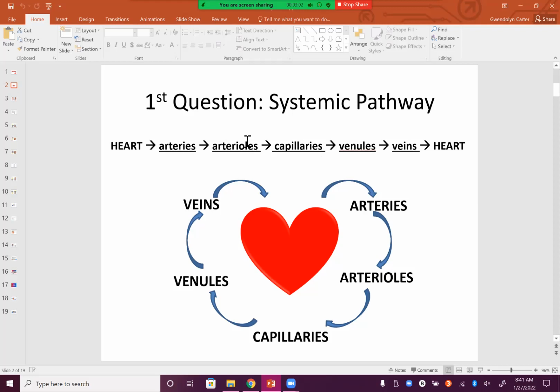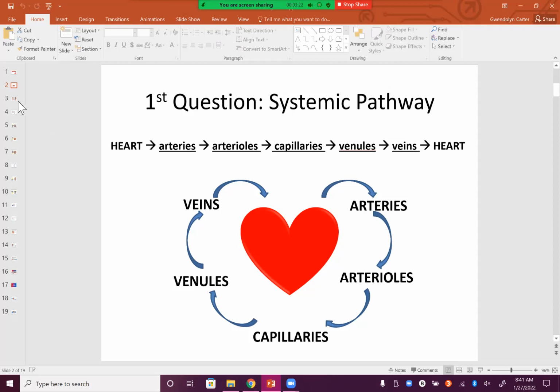So arteries, arterioles, capillaries, until you get here where the venules and the veins are switched in alphabetical order. Technically veins would come before venules in alphabetical order, but for this pathway, venules go before veins. So there's a little pathway for the first question.